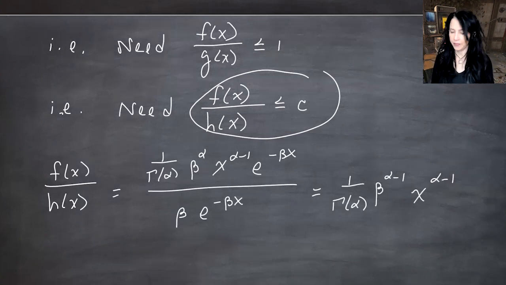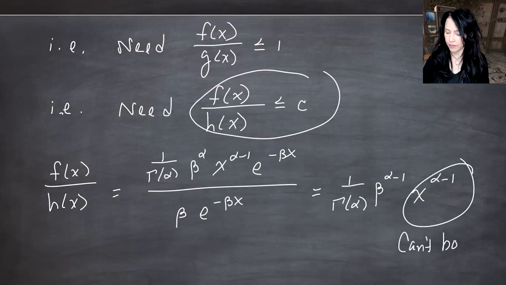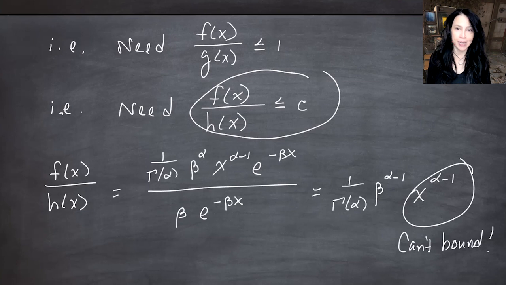And that's bad news because this is constant, this is increasing. We can't bound this on 0 to infinity, which means I had a poor choice for my candidate distribution. But I think we can still use the exponential.